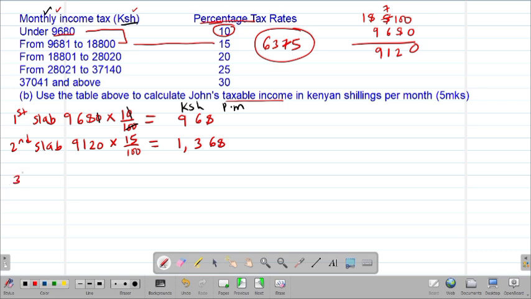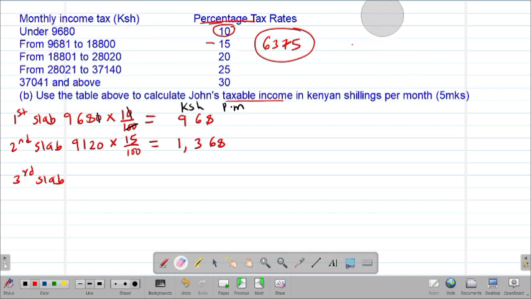So the third slab, we need to find the difference between these two values. We are in the third slab, so we need to subtract these two here. That is 28,020 minus 18,800.